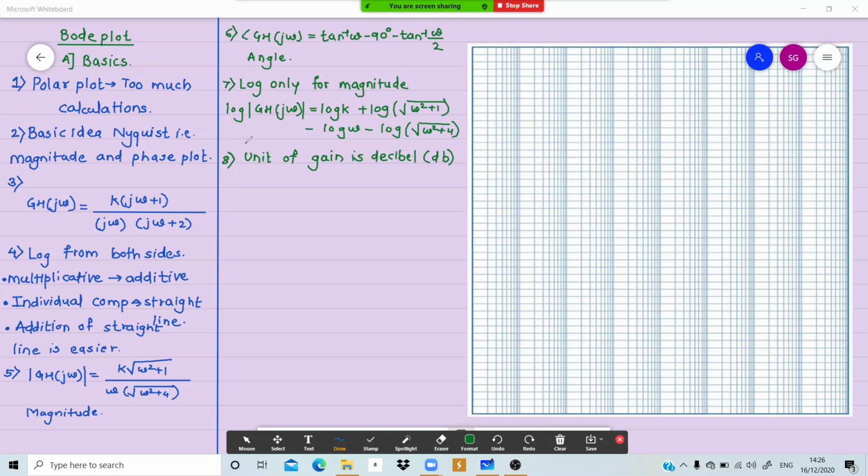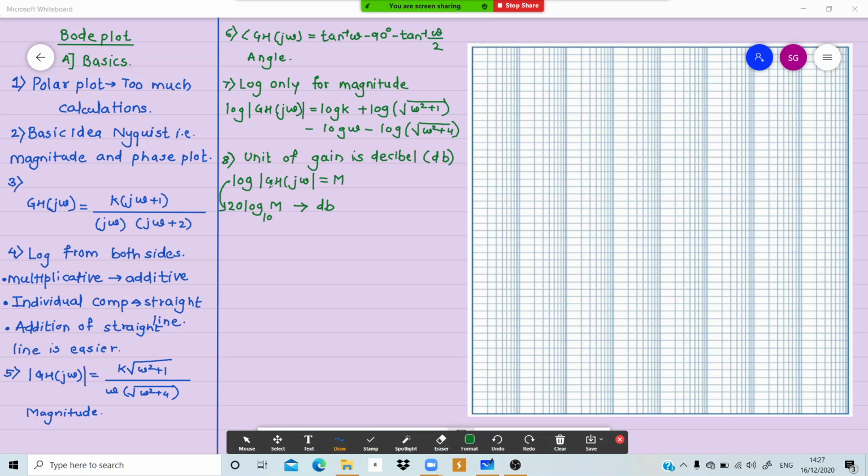Let us say you are having magnitude of G H j omega as m. While plotting, we are going to take log of m to the base 10, and you are going to multiply it by 20. You are not just taking log and finishing. Actually you are multiplying it by 20 and taking log to the base 10, and this will have the unit decibel.